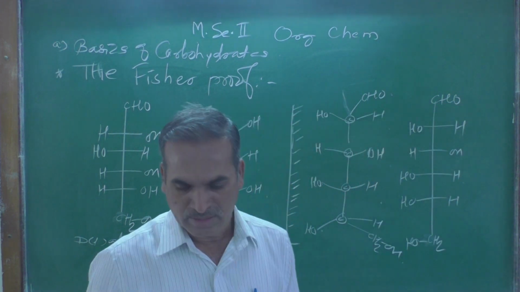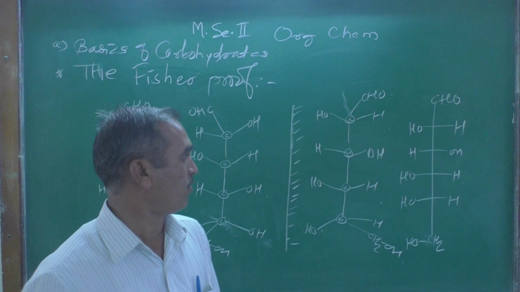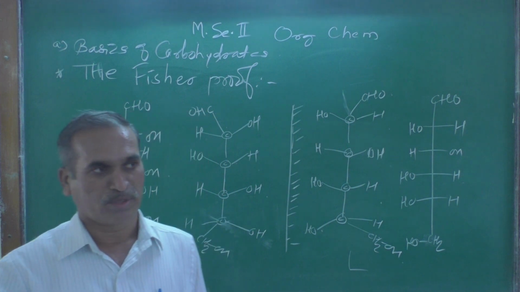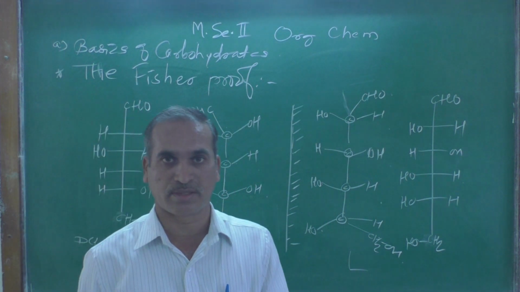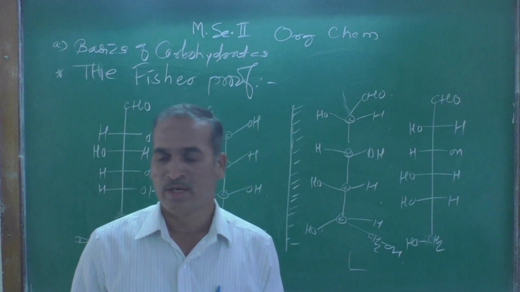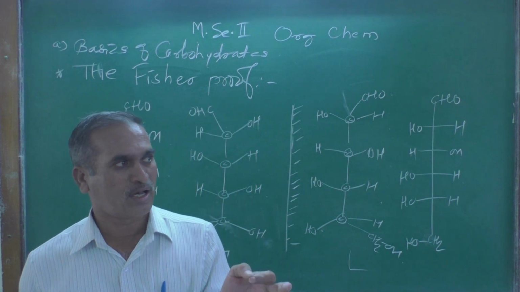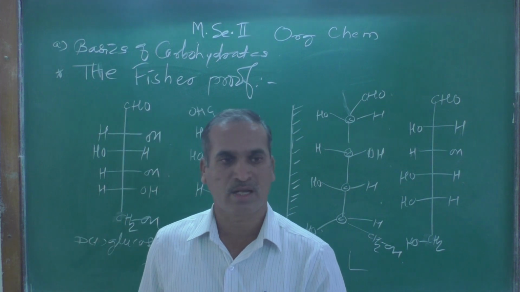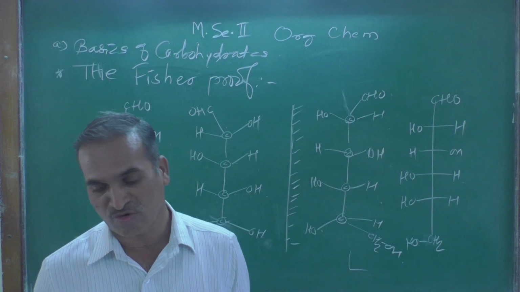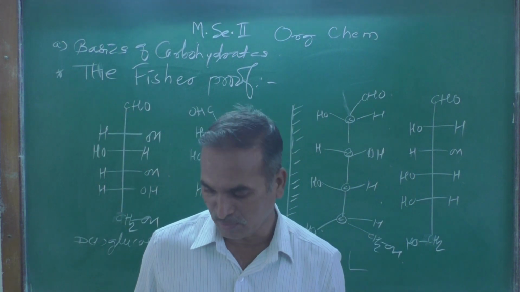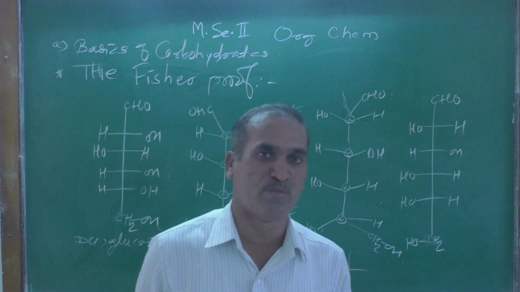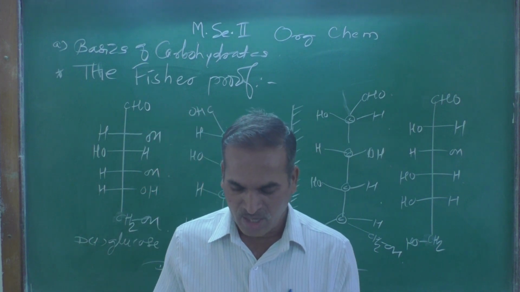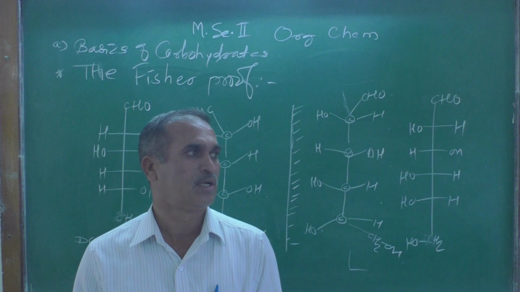This is the simple representation of the D series and the L series, because they are enantiomers of each other. As we know, optical isomers which are non-superimposable mirror images of each other are known as enantiomers.